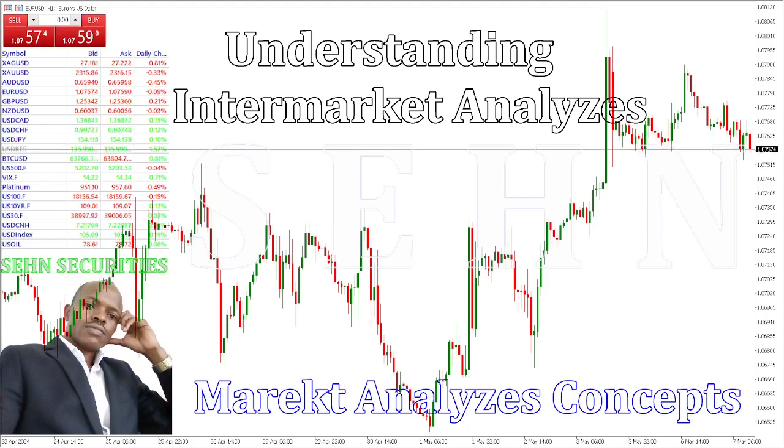Two of the main factors influencing intermarket analysis and relationships are inflationary and deflationary forces. The most clearly defined intermarket relationships affected by inflation or deflation include bonds and commodities, stocks and bonds, and commodities and the US dollar.